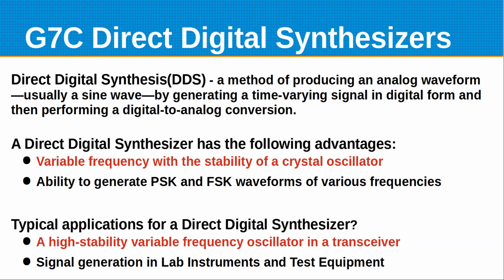You can do phase shift keying and frequency shift keying with them, where you're synthesizing the output frequency. So you can do a jump between a mark and a space frequency, or like in FT8, where you've got 8 different tones you're generating that are offset.